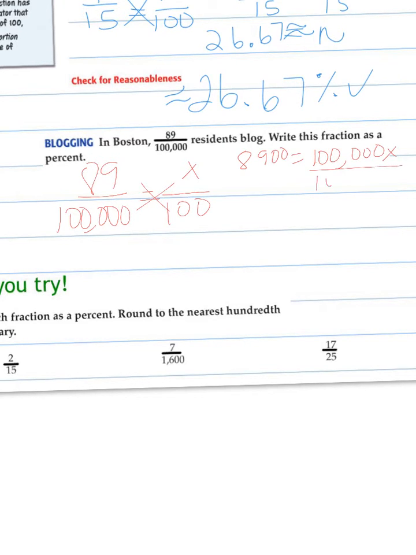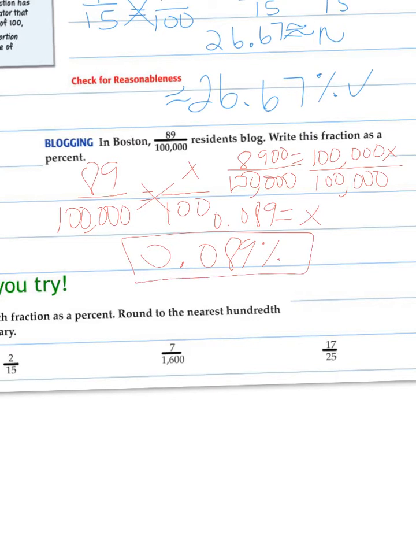Divide both sides by 100,000. So x equals 0.089, which means our answer, 0.089% of the residents in Boston blog.